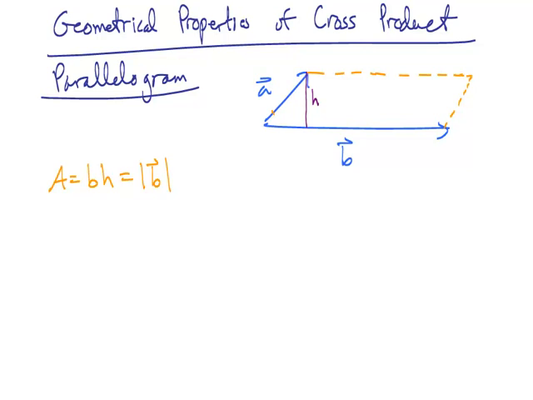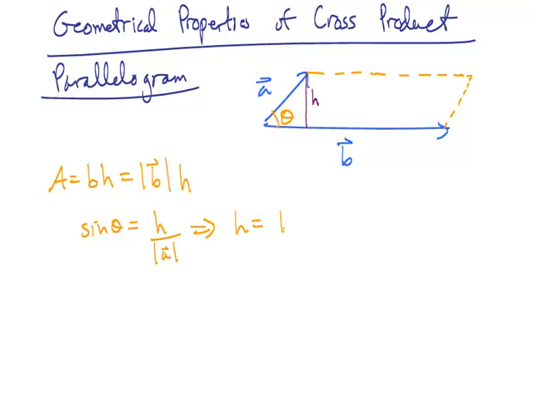So let's think about an angle here, theta. How could I find h if I knew the angle between A and B? So I've got the magnitude of B times h. Well, the sine of theta is equal to opposite, which is h, over the hypotenuse, which is the magnitude of A. Opposite over hypotenuse.